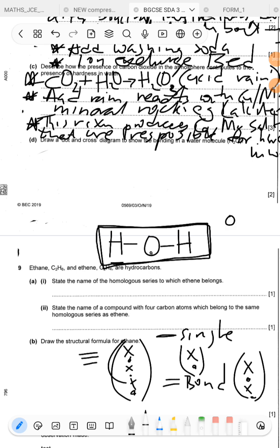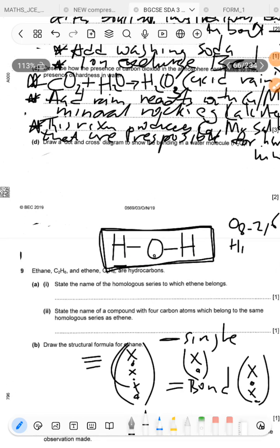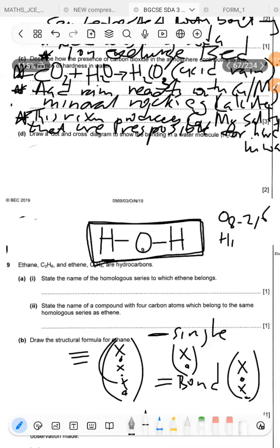So oxygen is 8, hydrogen is 1, so that means the electronic configuration for oxygen is going to be 2, 6. Remember, the first shell houses a maximum of 2 electrons. The second shell houses a maximum of 8 electrons.